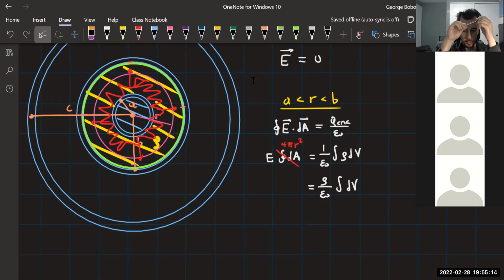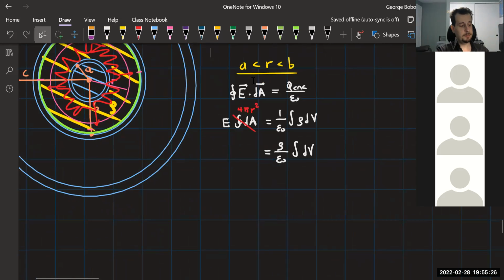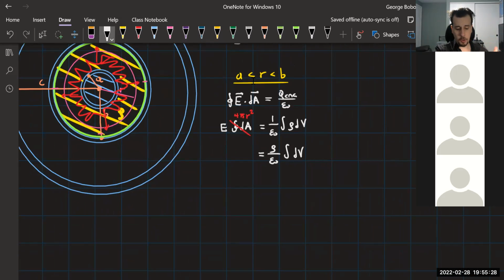Yes, we could integrate the dv from A to small r. Alternatively, we could take the volume of the outer sphere minus the volume of the inner sphere, right? You remember the formula for volume in spheres? R squared minus a squared sine theta dr d theta d phi. Okay, that's the dv for spherical coordinates.